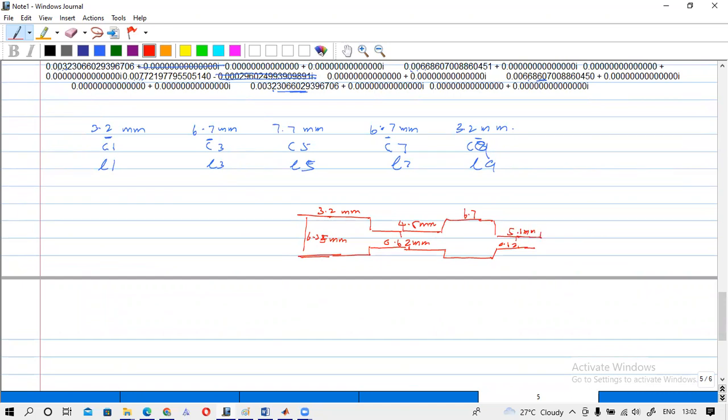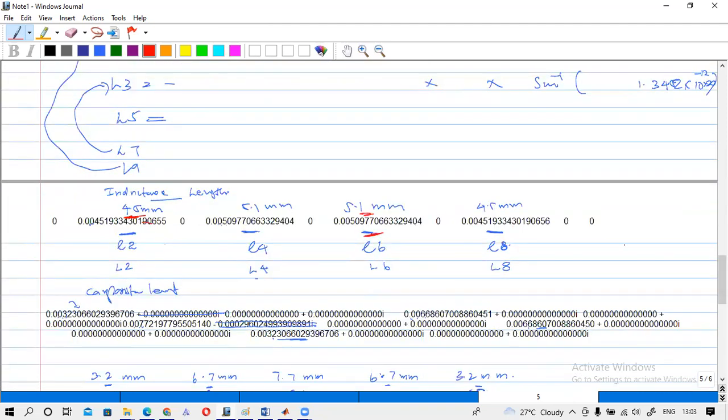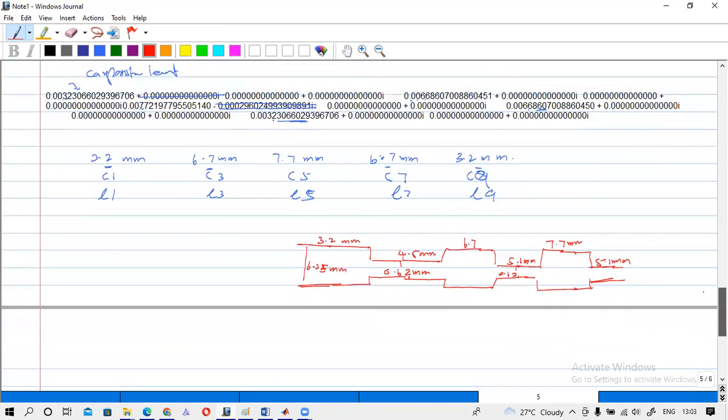And you have a capacitor again, that is 7.7 millimeter. Then you have an inductor again, that is the high impedance line. What is that length? That should be 5.1 millimeter.